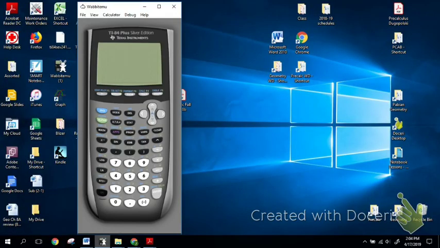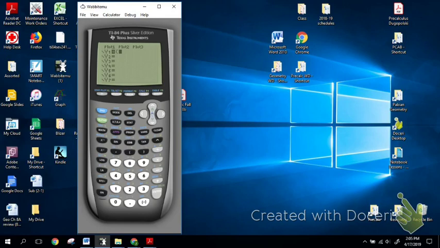So we're going to type in that first one: square root of 9 minus x squared, minus 9, which is probably going to take some parentheses.